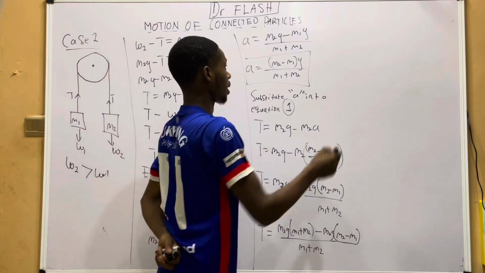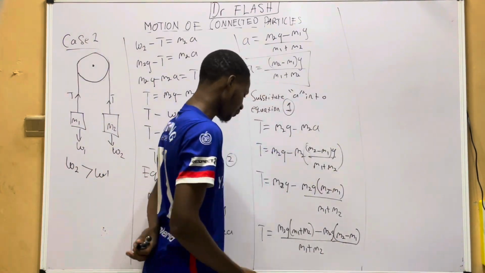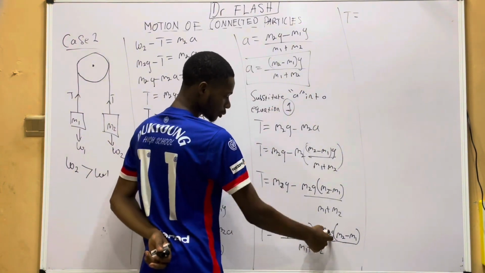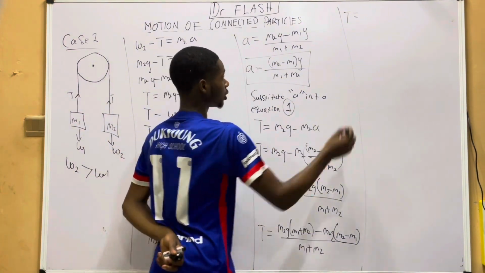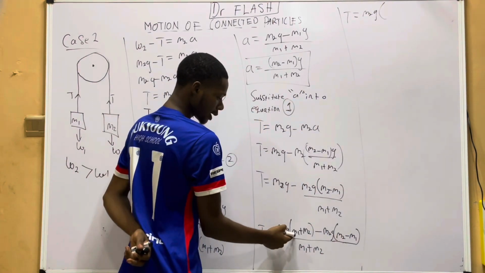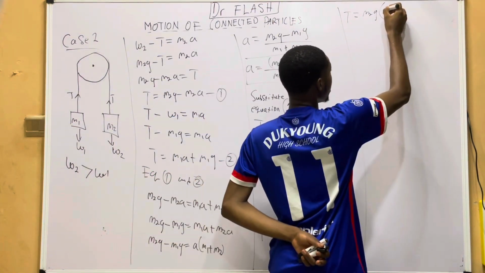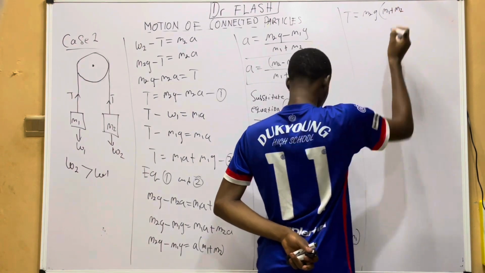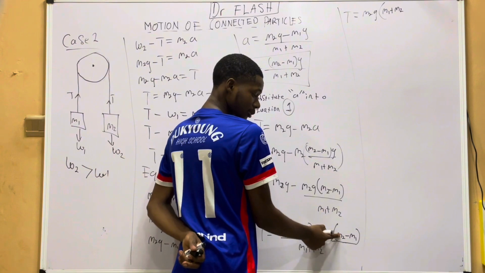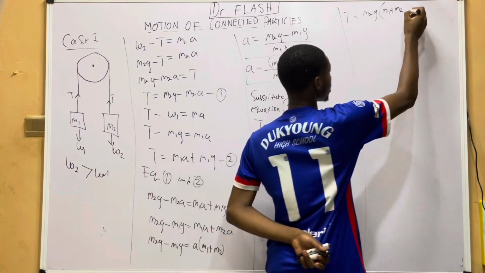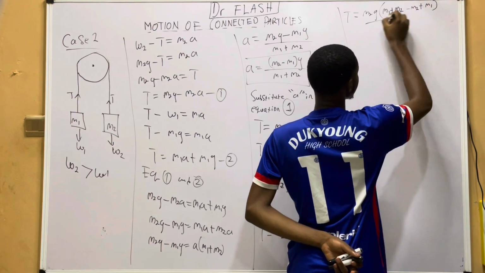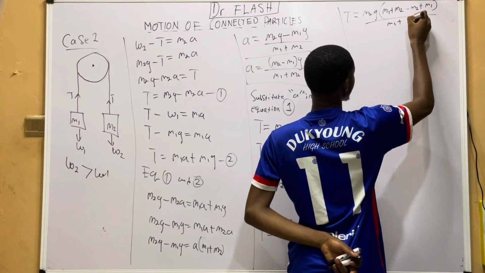So now let's simplify further. Therefore, T becomes, now notice M2G and M2G are both common, so we can factorize them out. So we bring out M2G, open the bracket, so we should be left with M1 plus M2. Now there's a negative sign here, so minus times M2 gives you minus M2 plus M1, divided by M1 plus M2.